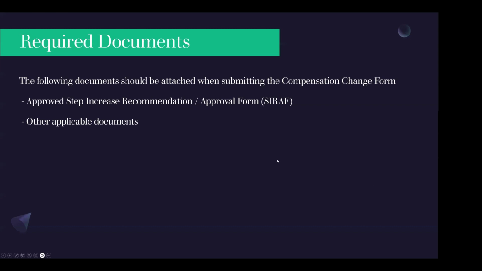Again, if you have any questions or would like to know what type of documents are required, the majority of the time you can refer back to the PAF sample. However, we are developing guides and documentation to help assist managers when they're initiating these types of changes.